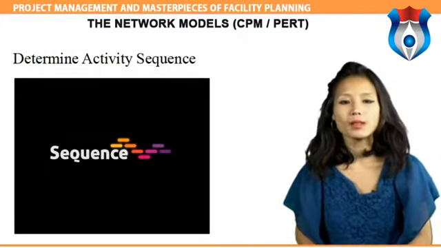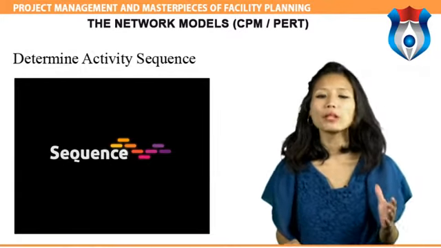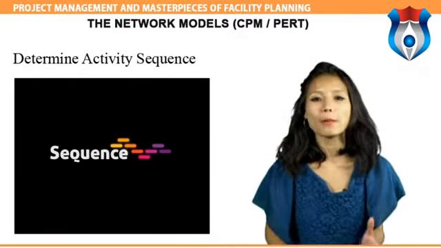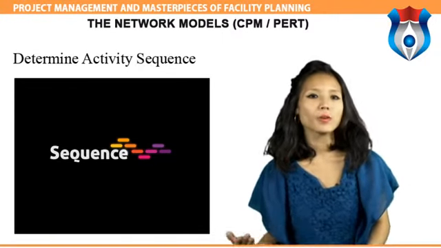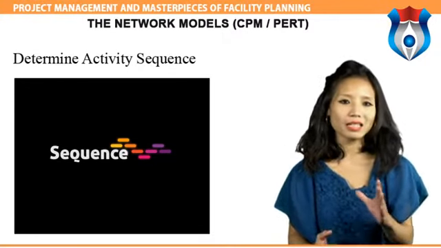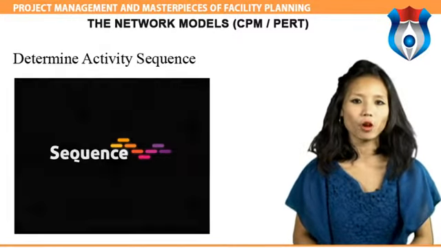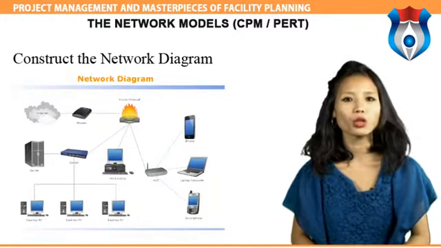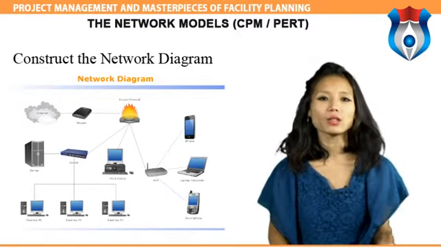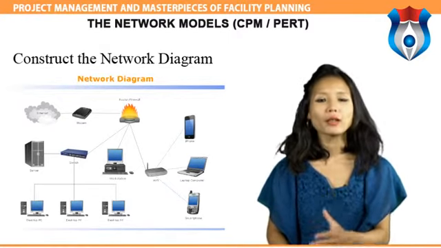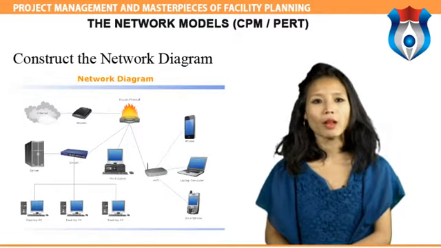Determine activity sequence. This step may be combined with the activity identification step, since the activity sequence is evident for some tasks. Other tasks may require more analysis to determine the exact order in which they must be performed. Construct a network diagram. Using the activity sequence information, a network diagram can be drawn showing the sequence of the serial and parallel activities.